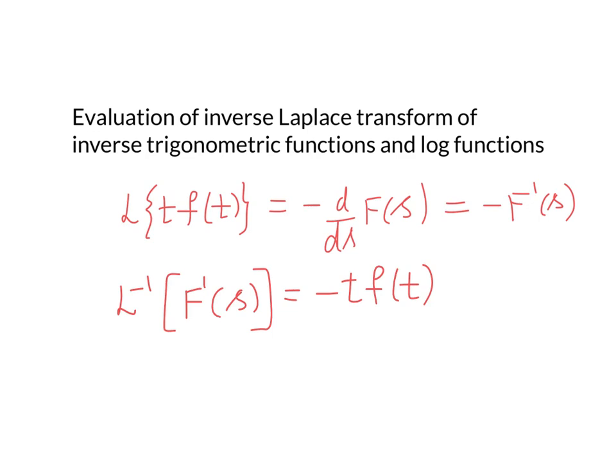We don't have the Laplace transform of log (s plus 1). But if you differentiate log (s plus 1), it will be 1 over (s plus 1). So that is the differentiation, what we have here, F dash s. So suppose your F of s is log (s plus 1).